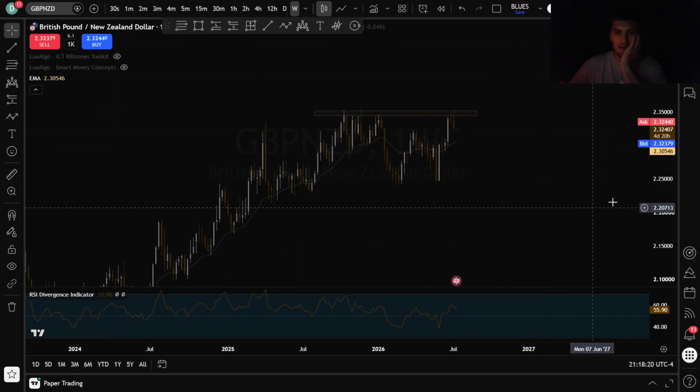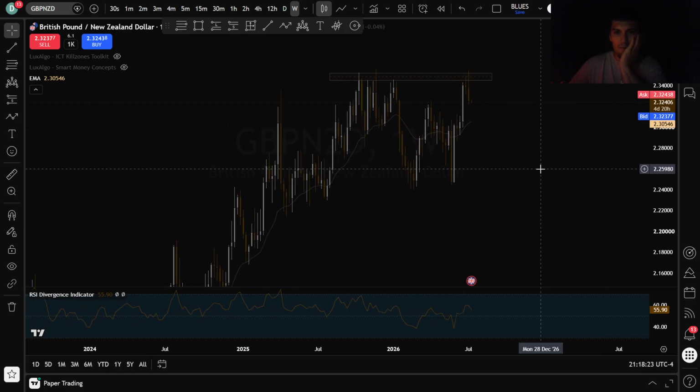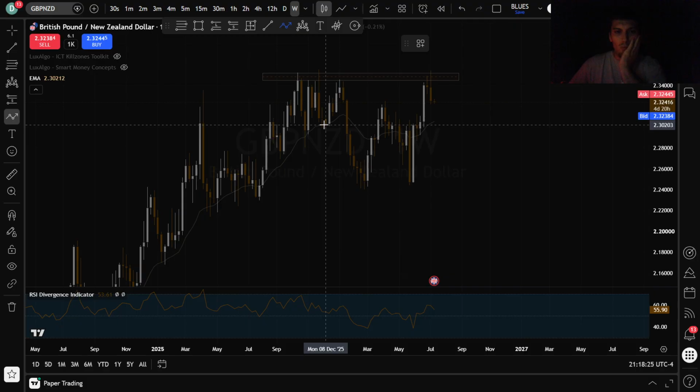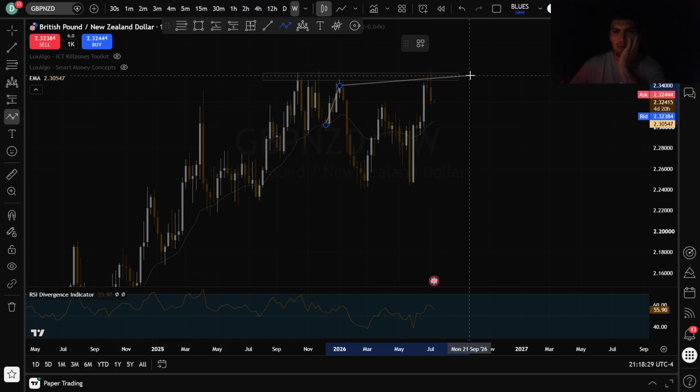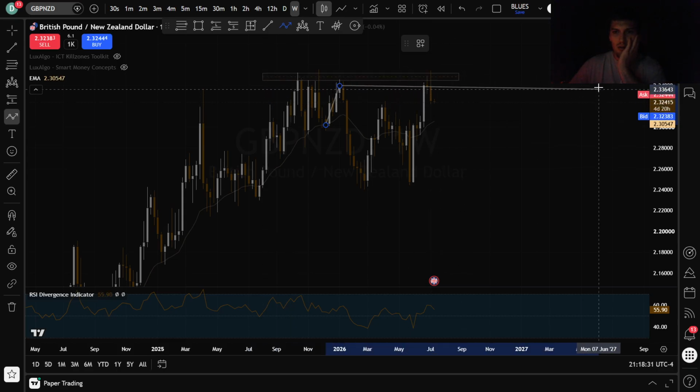So GBP NZD, right? What's kind of going on here is we are at a halt at this big key level, which is 1.34, 1.35. That is a good psychological level.